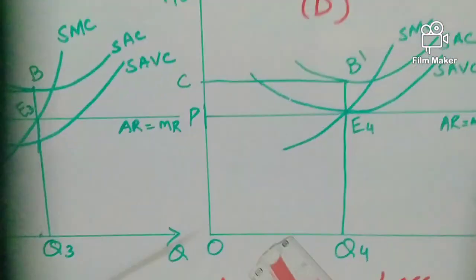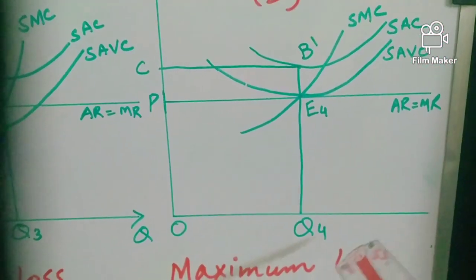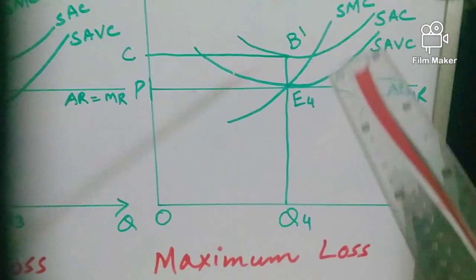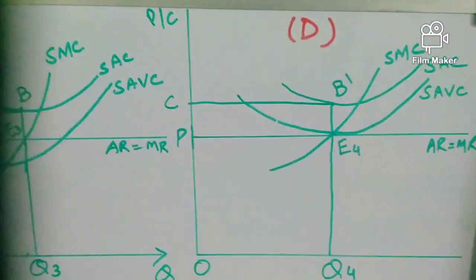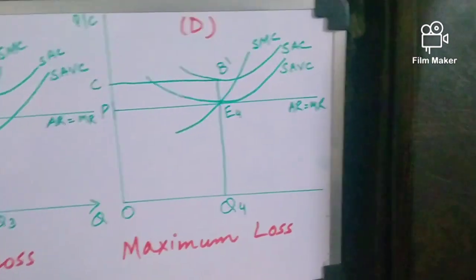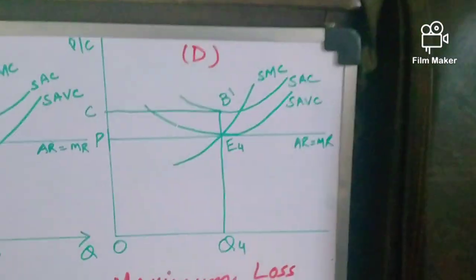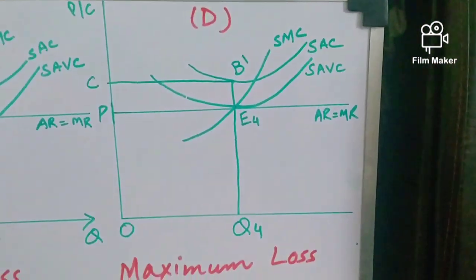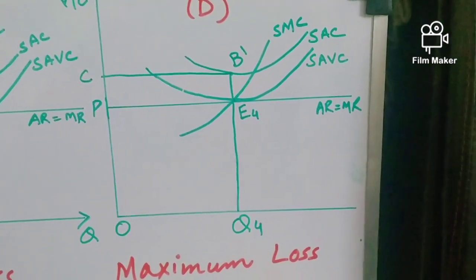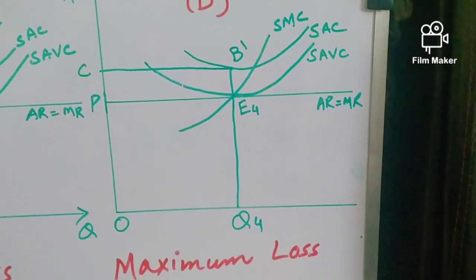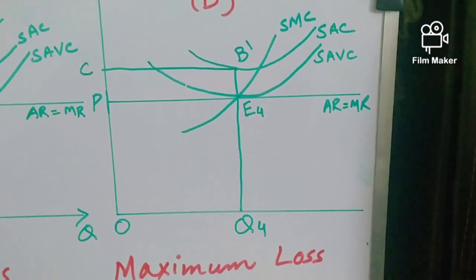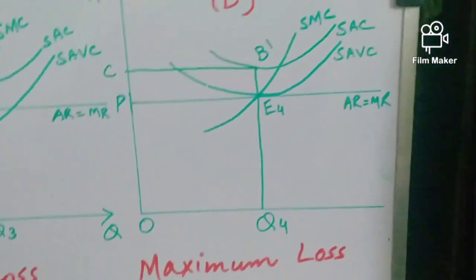So here the firm will have to face the maximum loss because it is just covering its average variable cost. So in the fourth case, the firm will incur loss instead of closing down. But if the price falls below P, the firm will have to shut down. So OQ4 is the shutdown output, because the firm will stop production if price decreases below P.